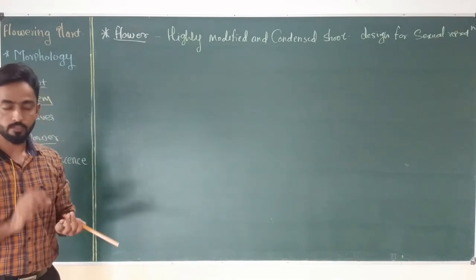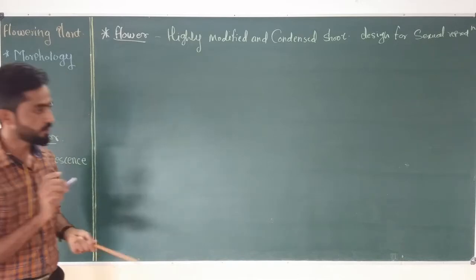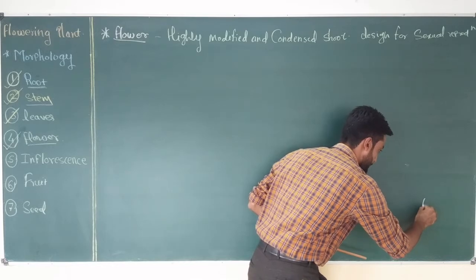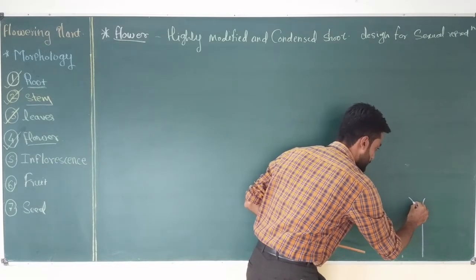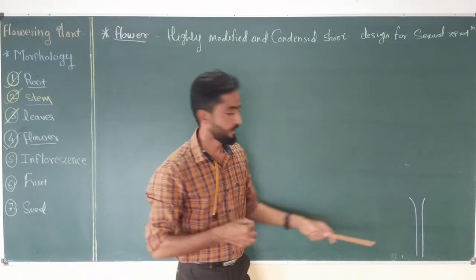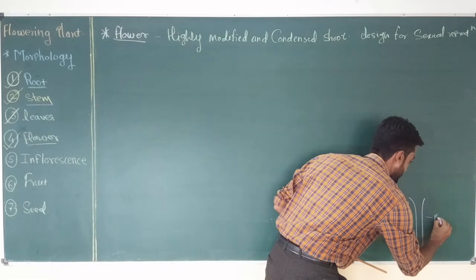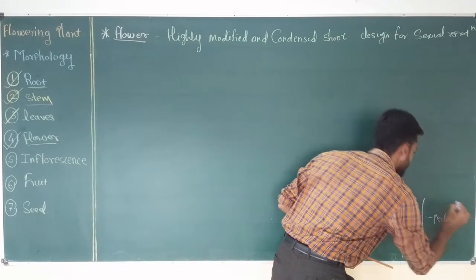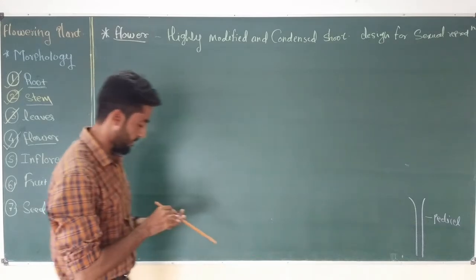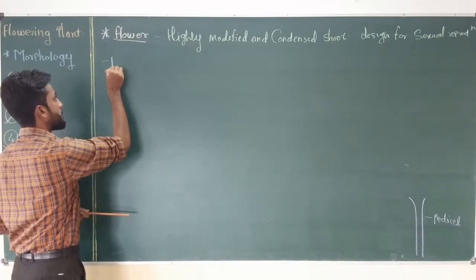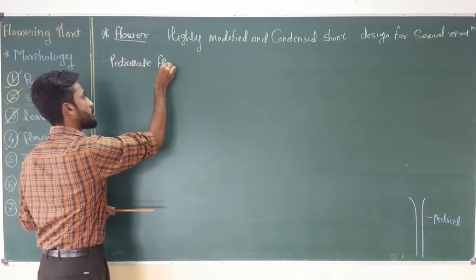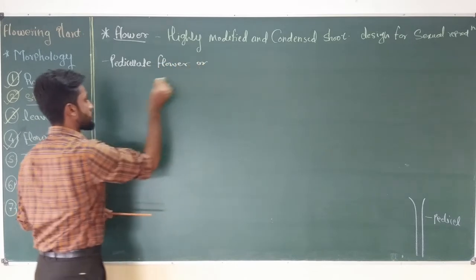If we want to study the structure of the flower, we should start with a stalk-like structure. The stalk of the flower, also known as the stem of the flower, is called the pedicel. The flower which has this pedicel is called a pedicellate flower, or stalked flower.